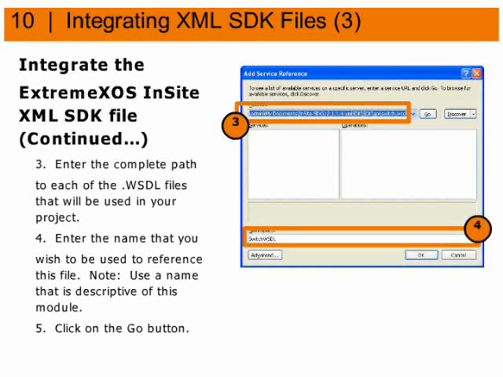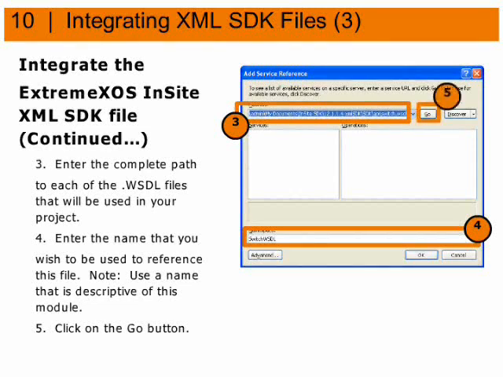Step 4. Enter the name that you wish to be used to reference this file. You should try to use a name that is descriptive of this module. For example, the name switch.WSDL, all one word, is used to refer to the switch.WSDL file. Also, the name exos.WSDL, once again all one word, is used to refer to the exos.WSDL file.